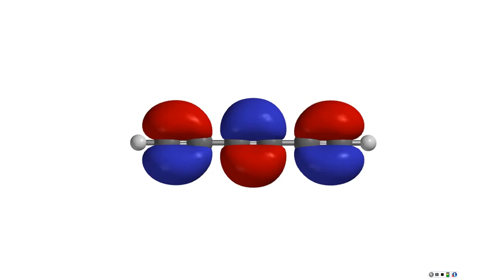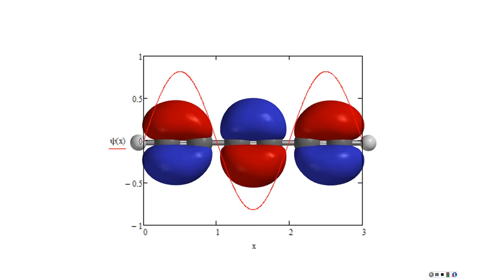Polyynes are good for particle in a box, so here is the calculated, I think this is the HOMO for this C6H2. So we have a lovely pi orbital that extends across all of the carbons. And if we look at what that might correspond to in the particle in a box picture, this is for a box of the size 3 randomly.